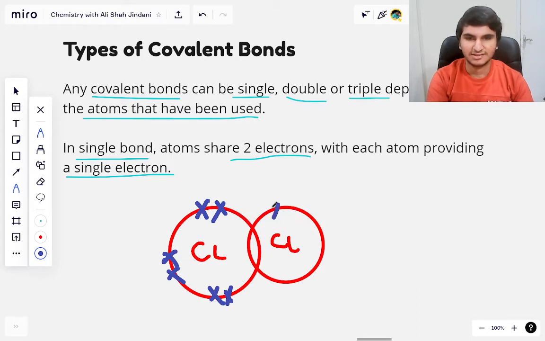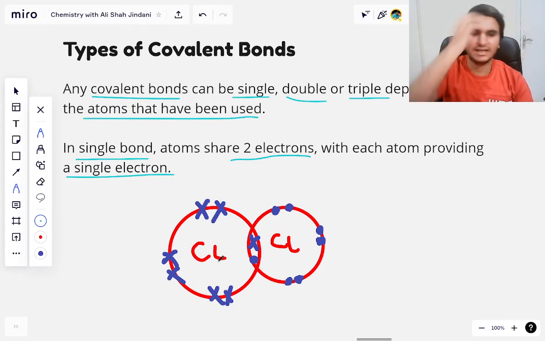Similarly, this chlorine also has 7 electrons, but I'm not going to draw the 7th one yet. Let me draw it with a dot. So this has another 7 electrons, but I'm going to draw 6. Why? Because 2 electrons are being shared by these. Now what exactly do we mean by sharing?